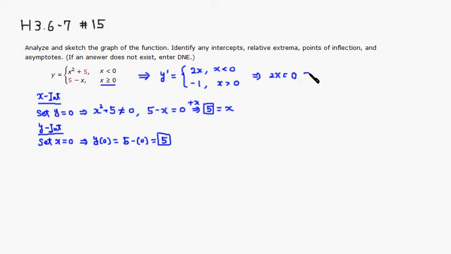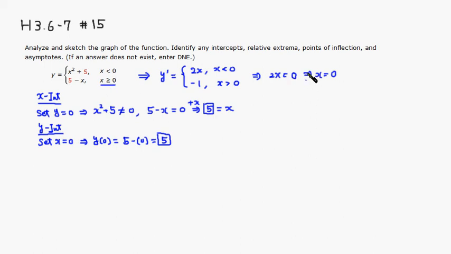This gives you x equals 0. And unfortunately, 0 is not included here. But if you look at the graph, this is a parabola, and this is a straight line with a negative slope. And at x equals 0, it's going to have 5 here. So it's continuous, but there's going to be a sharp corner.